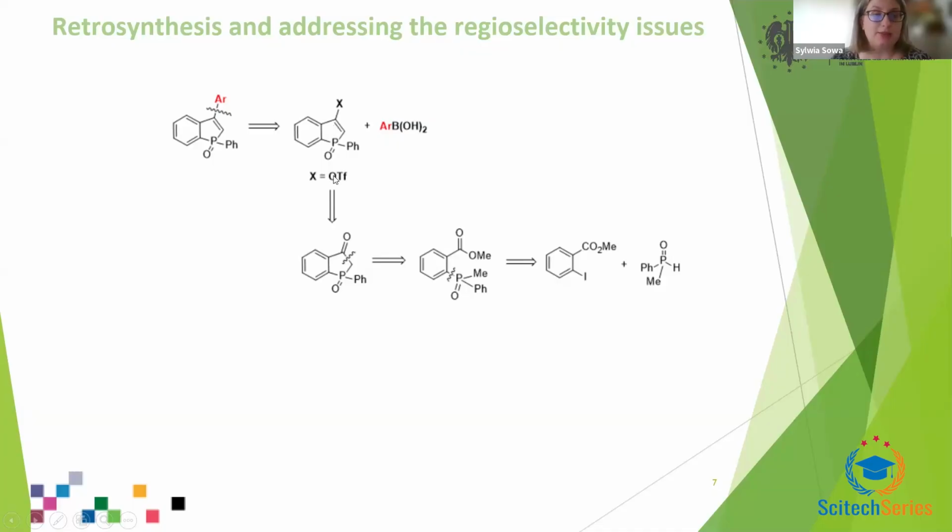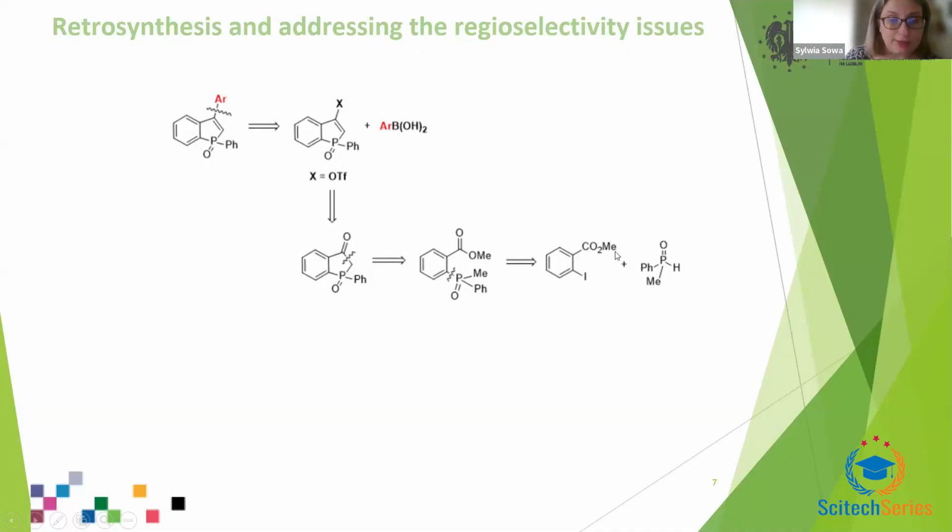This can now be obtained from the corresponding benzophospholanone, this cyclic ketone, and this ketone can be obtained from the tertiary phosphine oxide, which possesses a methyl group and an alkoxycarbonyl phenyl substituent. The final step leads us to the secondary phosphine oxide and aryl iodide.